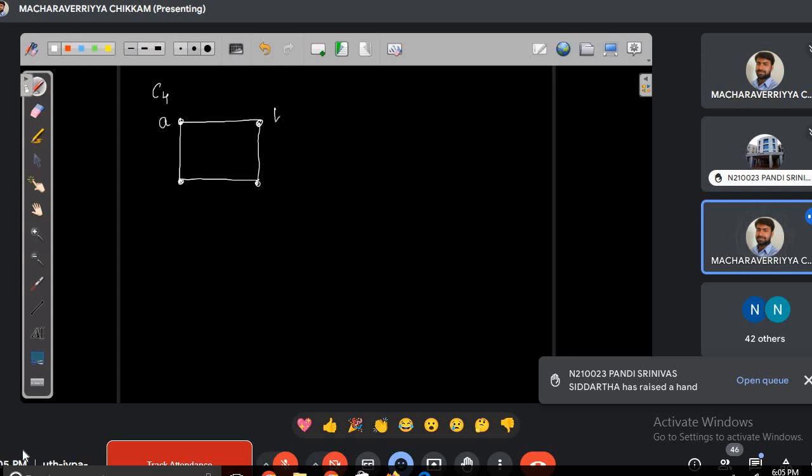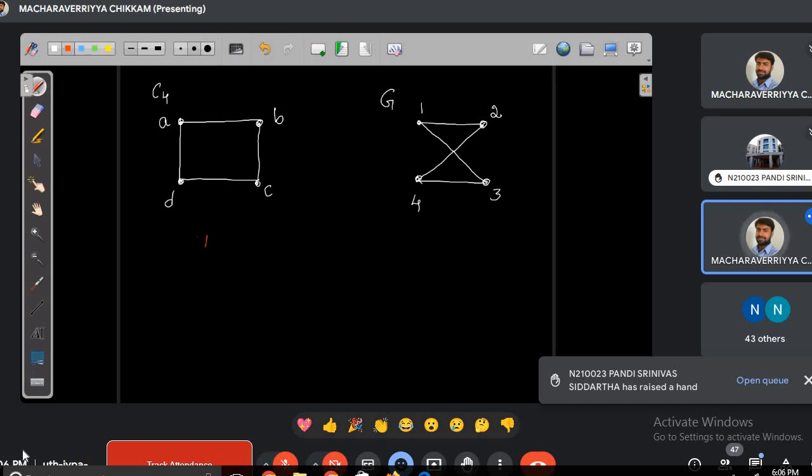And let me name the vertices as A, B, C, D. And here I am taking another graph, let me name it just G. So this is 1, 2, 3, 4. All right, so two graphs I'm taking. One is C4, another one is G.